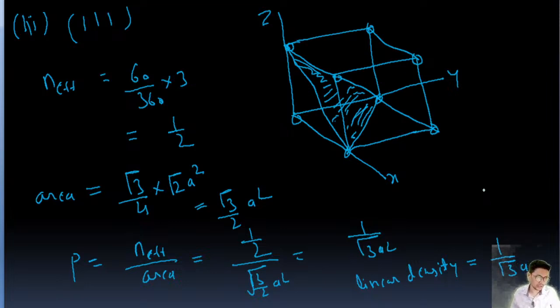Well, so this is the linear density for one plane. Now similarly we'll find the details for BCC and FCC.